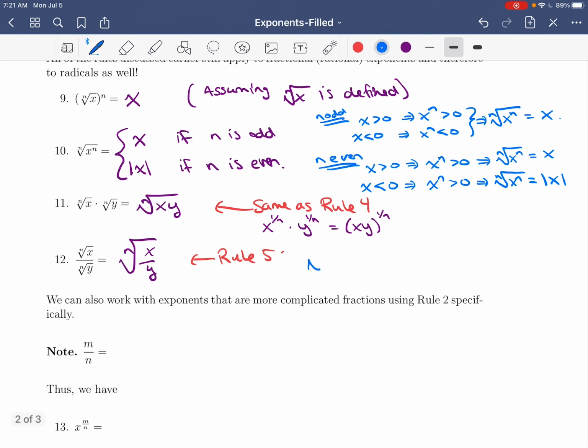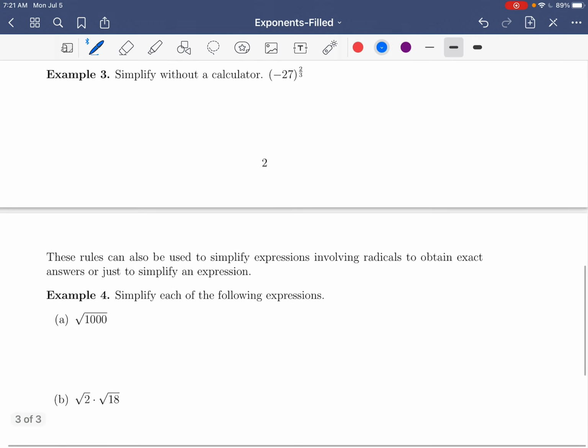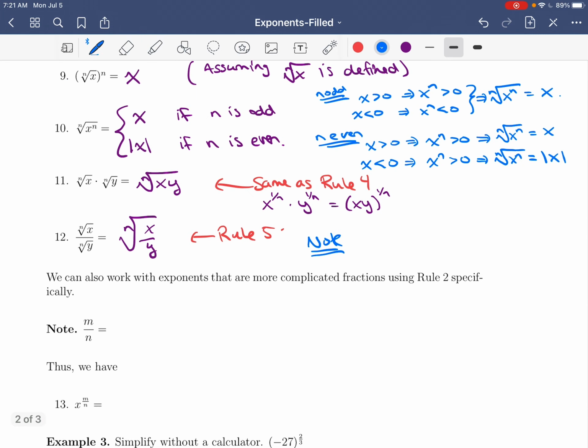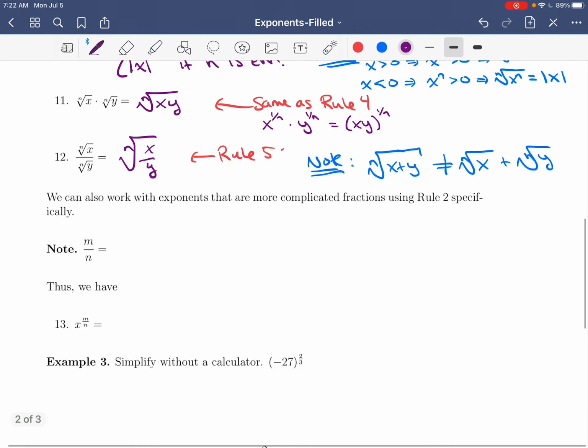Just a note: like before, if I have the nth root of x plus y or minus y, you cannot split it up. So that does not work. Only for multiplication and division does it work, not for addition or subtraction.